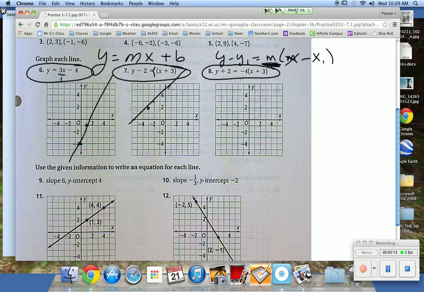It's opposite that sign, so right here is our point. What's our slope? Negative 4 is our slope. What's the slope look like, Casey? Negative 4 over 1, right? This would always be over 1. So what would we do from this point here? We're going to go down 4. 1, 2, 3, 4. And we're going to go over 1. And that's our line.